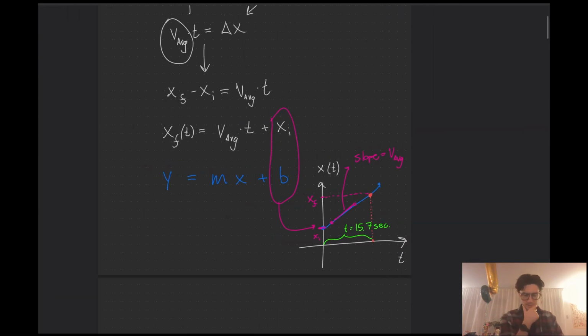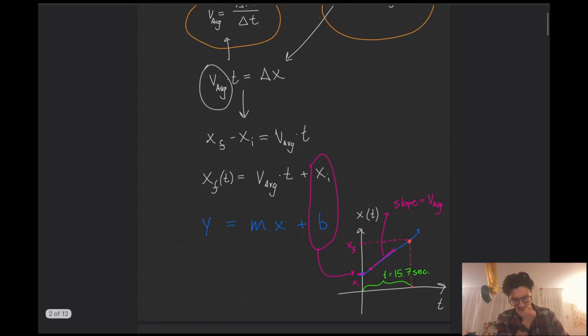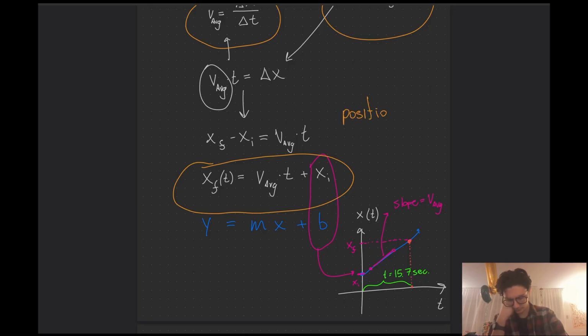So this is very important. First equation, or I guess first 3 equations: this one for average velocity, this one for displacement, and then this one over here, which is the main important equation. It is position as a function of time for a particle under constant velocity.